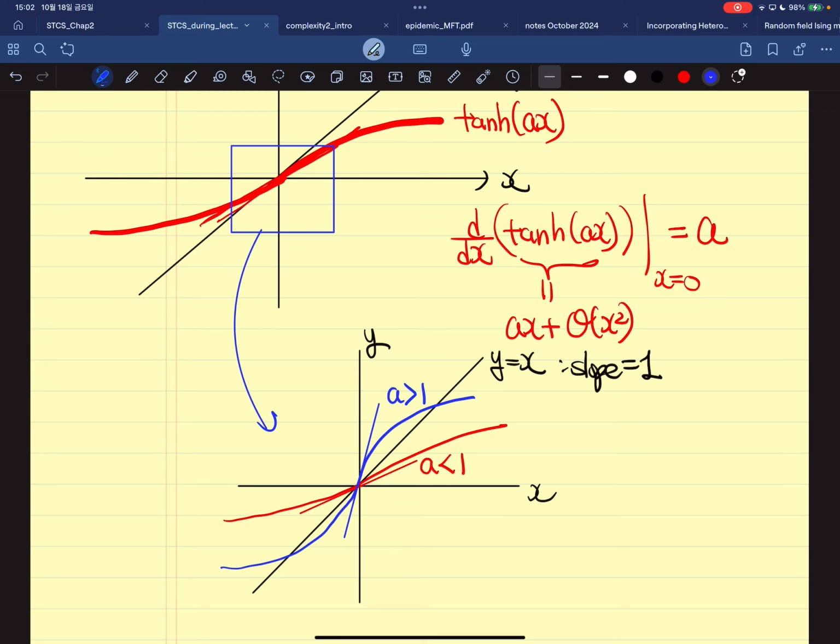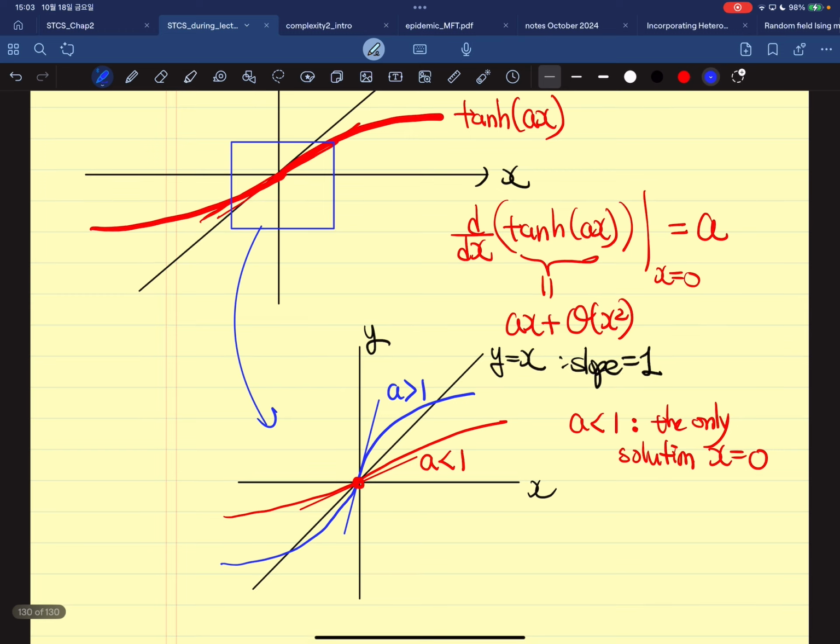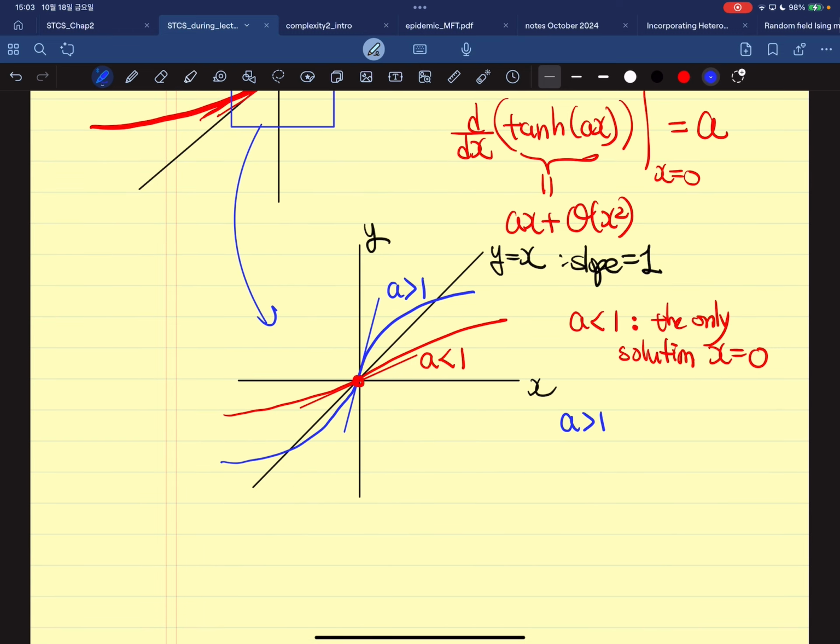So a very important point here is that if A is smaller than 1, there's only one solution. The only solution would be x equal to 0. But if A is larger than 1, of course, it also has the trivial solution.